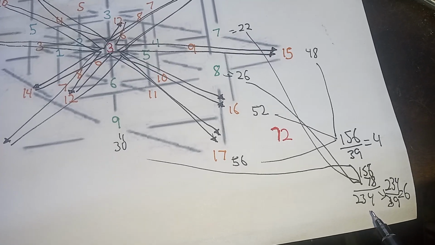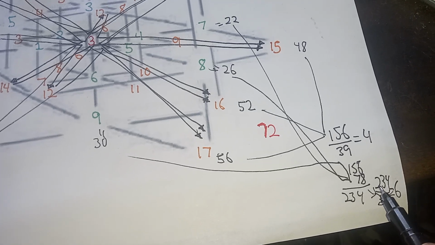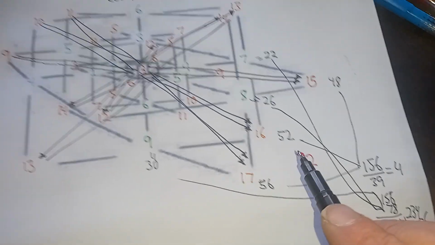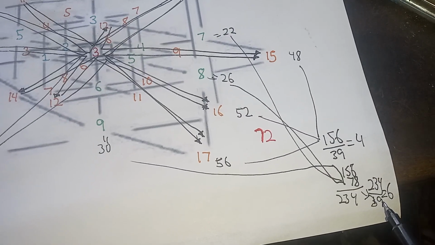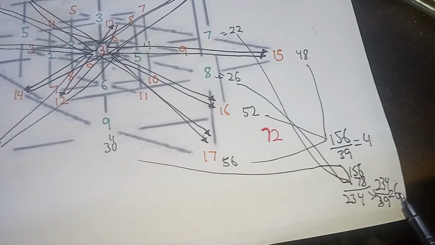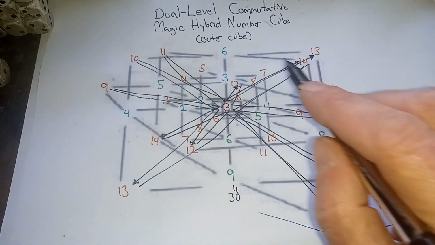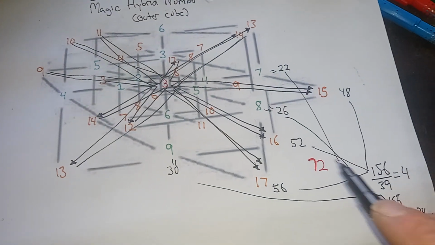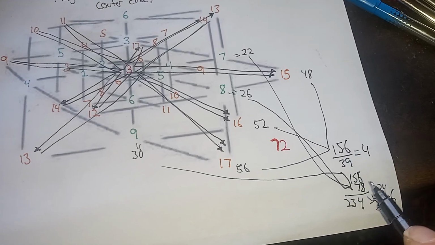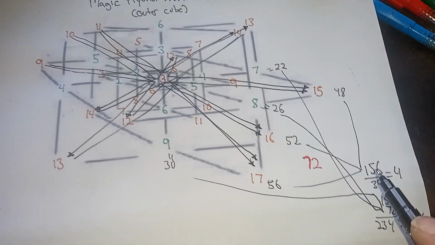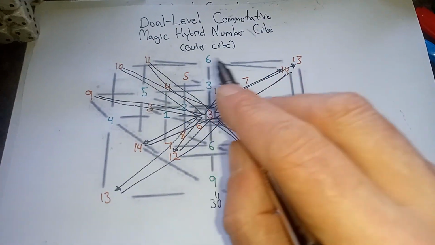And then 234, which is 78, which is, I believe, yes, these included, gives you 39 goes into 234 6 times. So these are 2 different ways you can find the proportions of this output vector, and there are 3 different outer ghost numbers that come from a dual level commutative magic hybrid number cube.